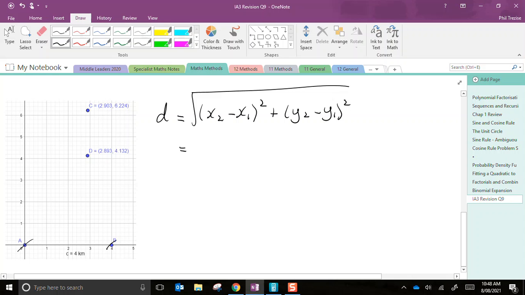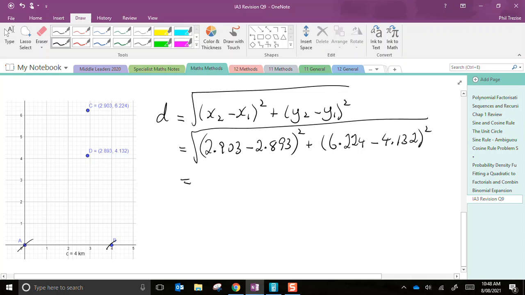And so substituting in here, I'll go 2.903 subtract 2.893 squared, and then keeping the same one, 6.224 minus 4.132 squared, all with a giant square root sign.